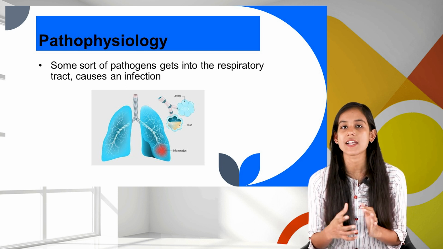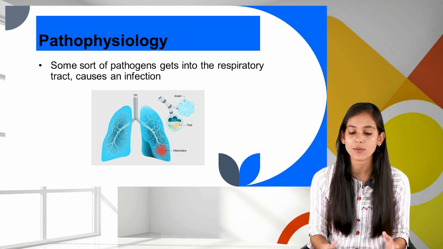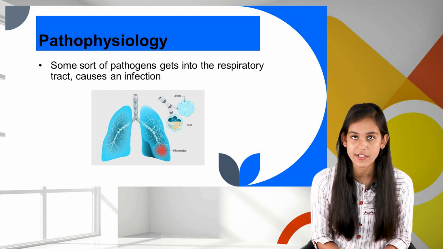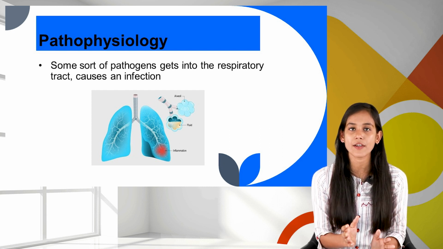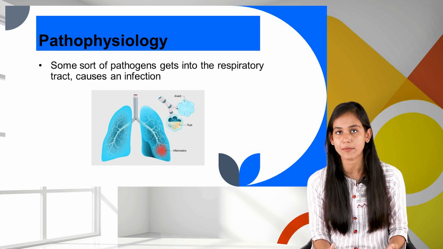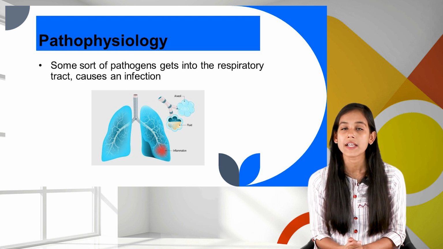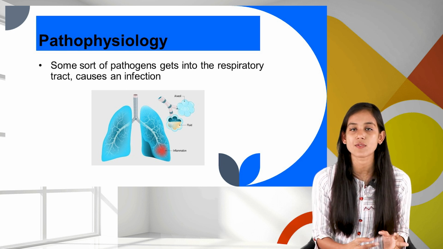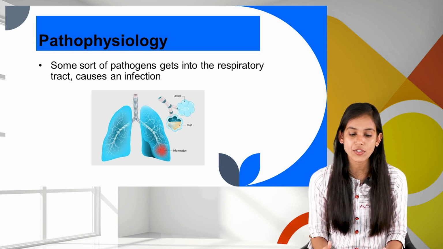So what is this IgA, and where is it found? This is a specific antibody which is found on mucosal surfaces. It's found in the GI tract and in the lungs and respiratory tract.